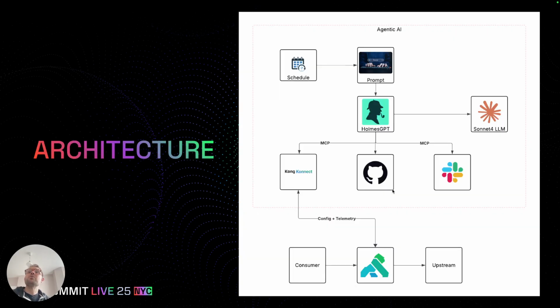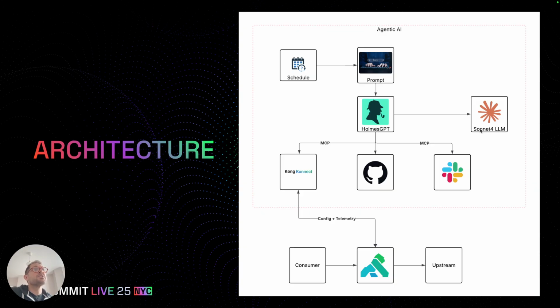So let's have a little look at the architecture. The architecture down at the bottom, very simply, is a Kong gateway that's connected to a Connect control plane. It's a simple consumer and upstream going through the gateway with some plugins configured at the gateway. The agentic AI part of it is in this red box. Again, like I said, Holmes GPT at the heart.